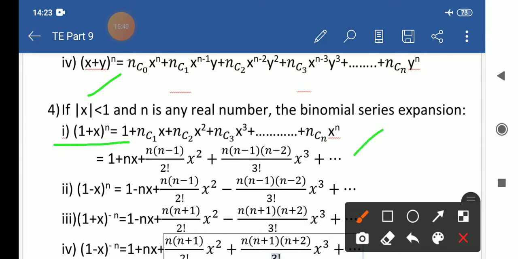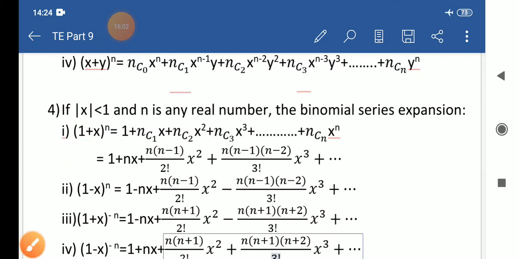Modulus x less than 1 means minus 1 less than x less than 1. That means the value of x lies between minus 1 and 1, then this expansion is valid. When the first term is 1, the second term modulus x is less than 1. If modulus x less than 1, then only the expansion is valid.